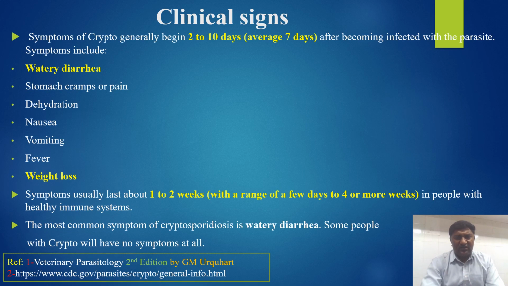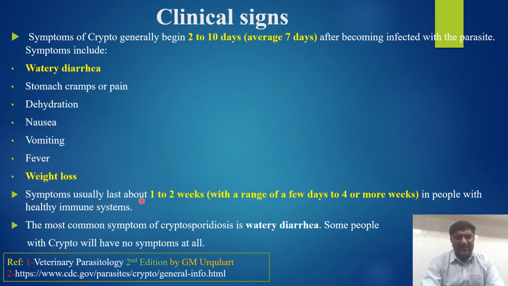The clinical signs: symptoms of crypto generally begin 2 to 10 days, on average 7 days, after becoming infected with this parasite. Symptoms include watery diarrhea, which is the most important and critical sign, stomach cramps or pain, dehydration, nausea, vomiting, fever, and weight loss.